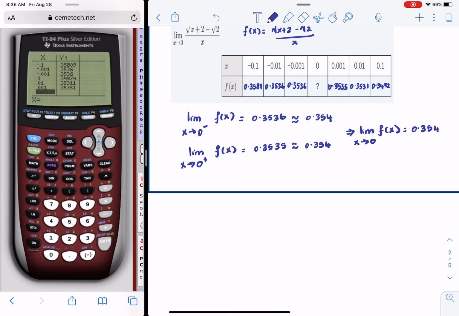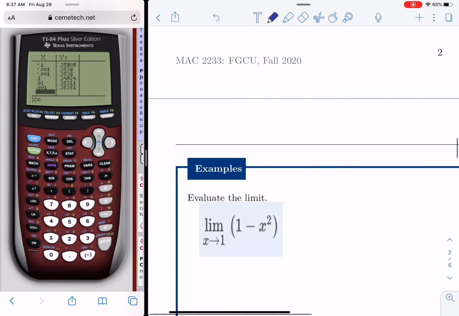And we could have looked at only the first 3 decimal values and given the answer as 0.353. Keep in mind, you can't match every single decimal when you're evaluating left and right limits. We can only come closer to about 3 decimals or 4 decimals like we have seen in the past 2 problems.